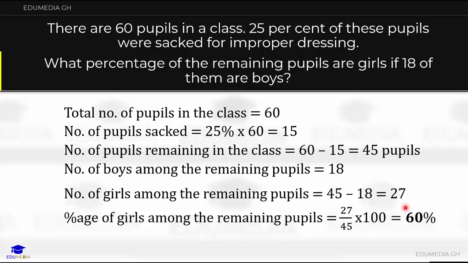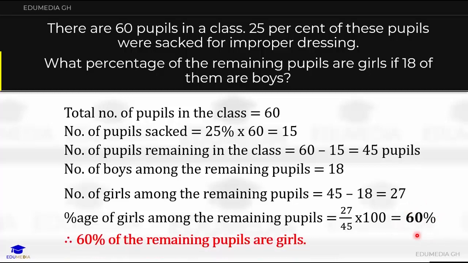Therefore, we have 27 divided by 45 times 100, and that gives us 60%. Therefore, 60% of the remaining pupils are girls.